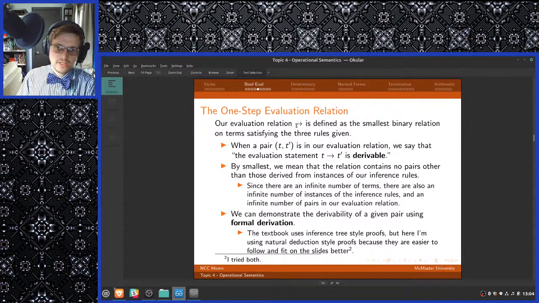Our evaluation relation, arrow, is defined as the smallest binary relation on terms satisfying the three rules given above. When a pair, T, T prime, is in our evaluation relation, we say that the evaluation statement T evaluates to T prime is derivable. So we're going to be talking in terms of derivation.